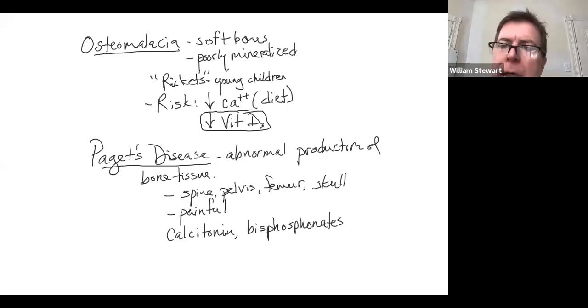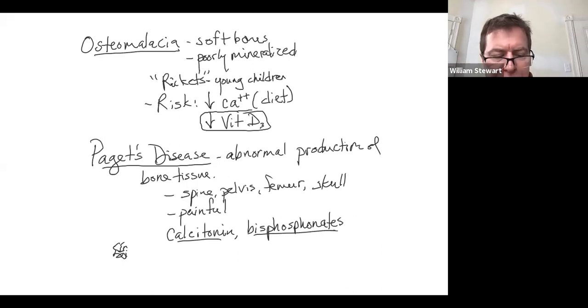So this bone, because it's so quickly made and abnormally made, is also very weak, strange looking bone. It's not solid. And calcitonin and these drugs help properly mineralize that bone as well. It helps prevent bone breakdown.